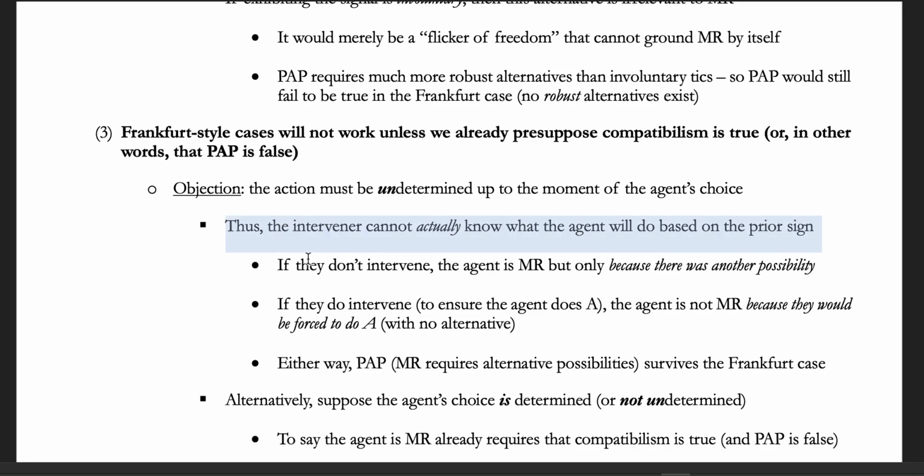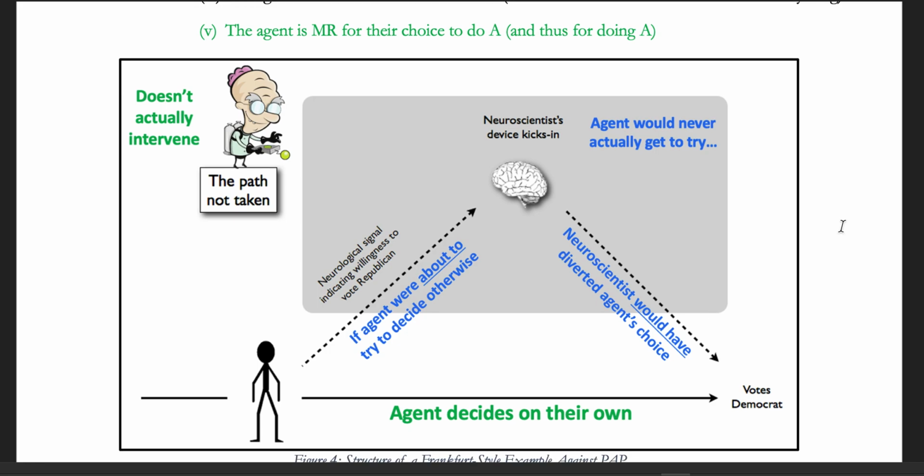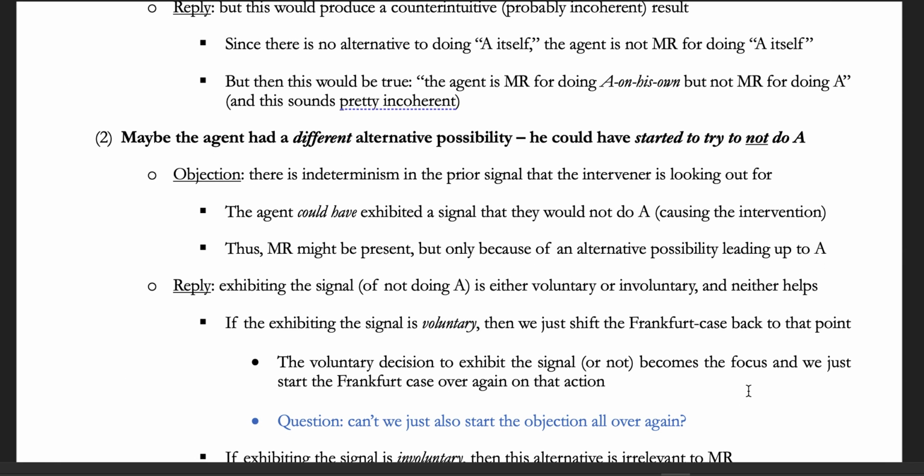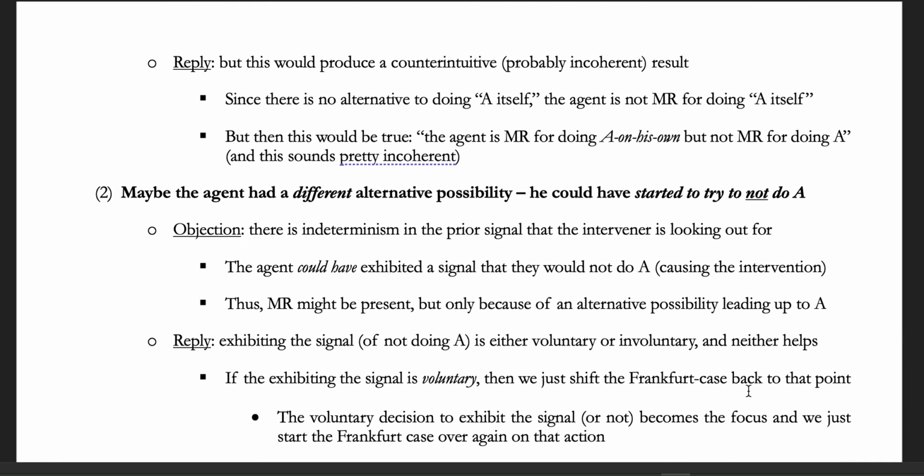Okay? So if it's truly undetermined, it could be either one. Could do Republican, could do Democrat, could do A, could do B. If it's really undetermined, then the intervener, that little guy hanging out, cannot really know what this signal is going to be, or that this signal will make the person do the other action.